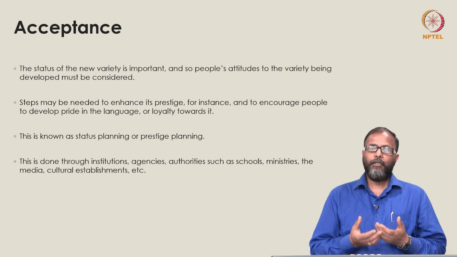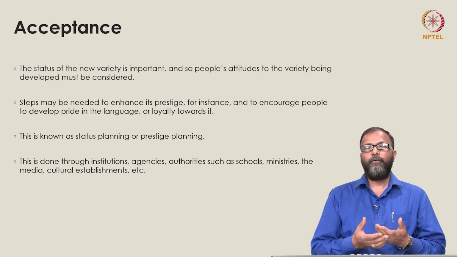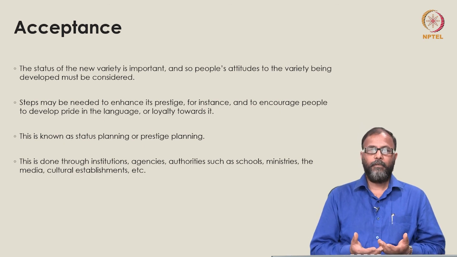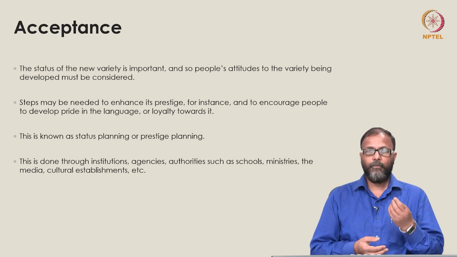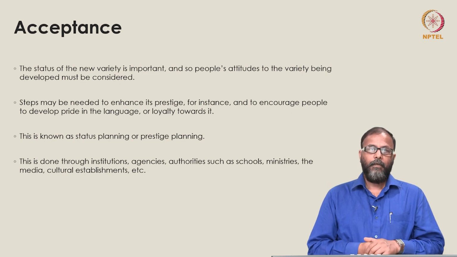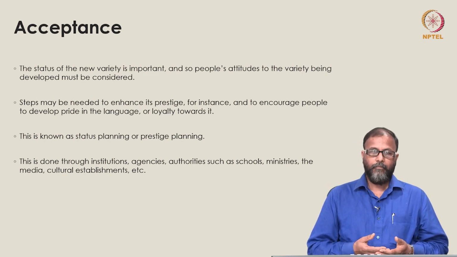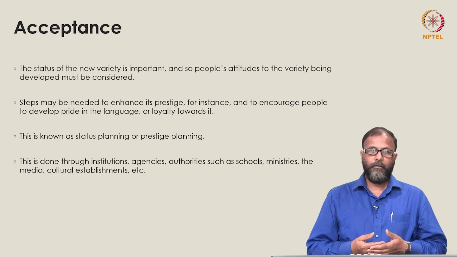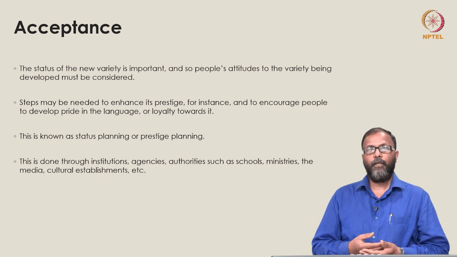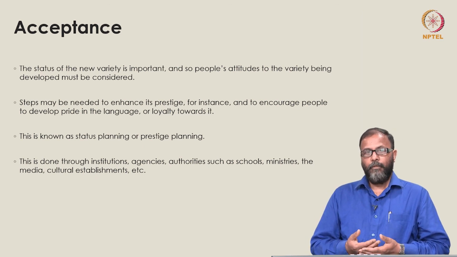Any variety or code qualifies to be standardized by the institution, but the selection of it is socio-political. So, there are socio-political factors why we select a particular language for the standardization process. And once we select, then two other stages are involved, which are purely linguistic in nature. One is called codification, the other is called elaboration.